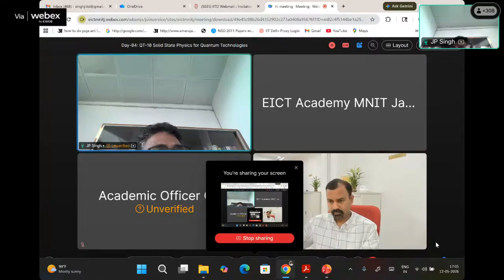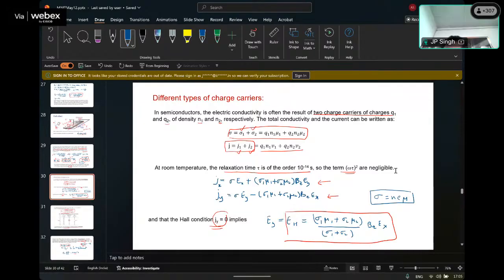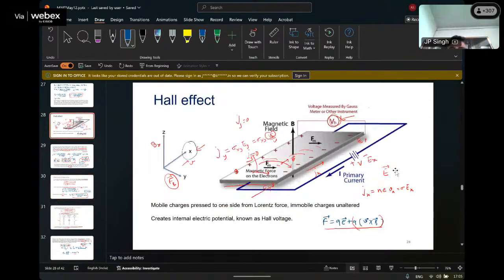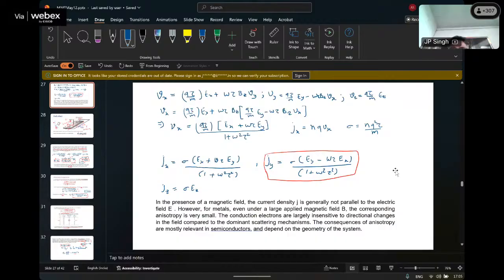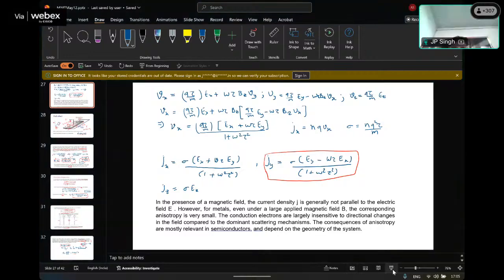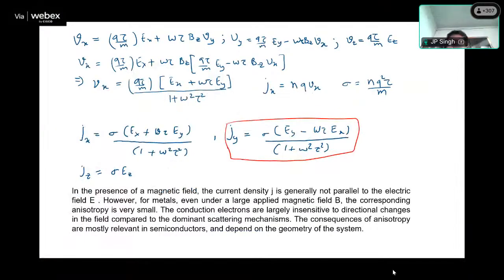So you remember I have discussed this when you determine the... let me just go back to that slide. Yeah, so you can see here, we get the Jx, which has both components Ex and Ey.